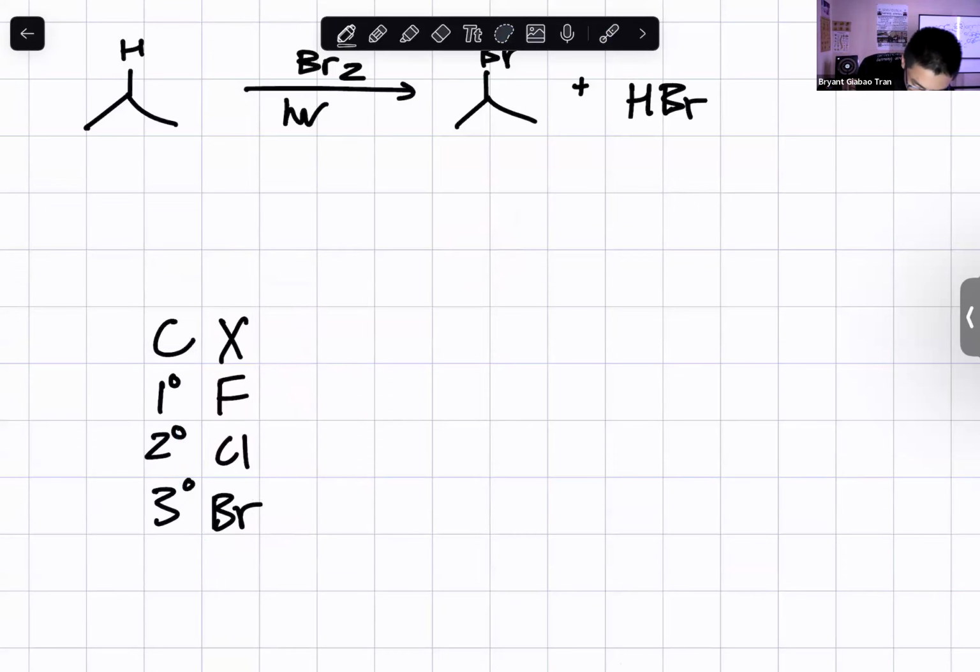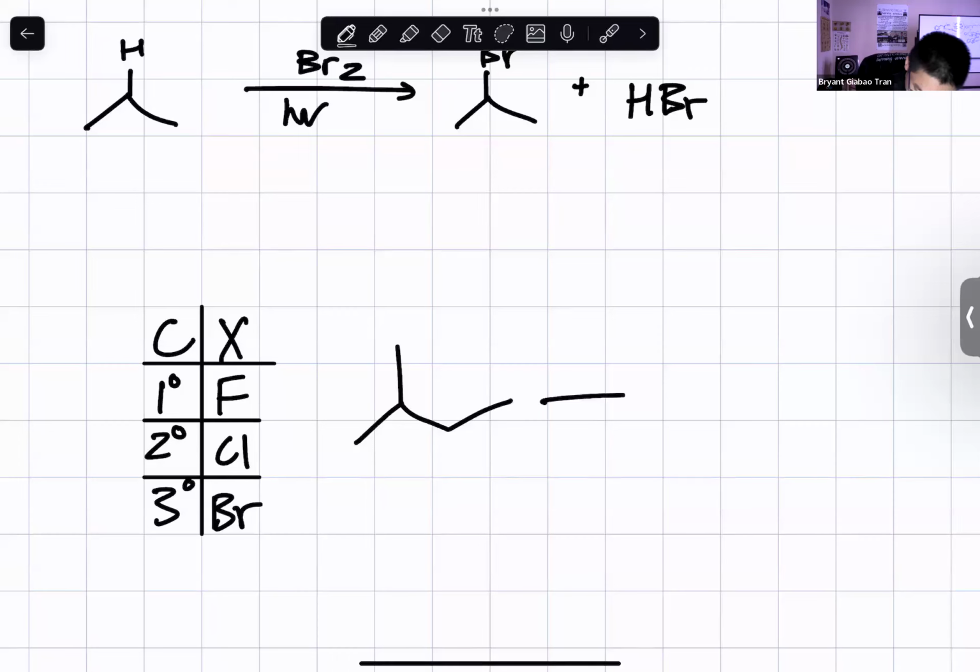Let me give you an example of this. If I have something like this and I react this with Br2 and light, the bromine could go to any of these carbons right here, because any of those carbons has at least one hydrogen that it could replace.